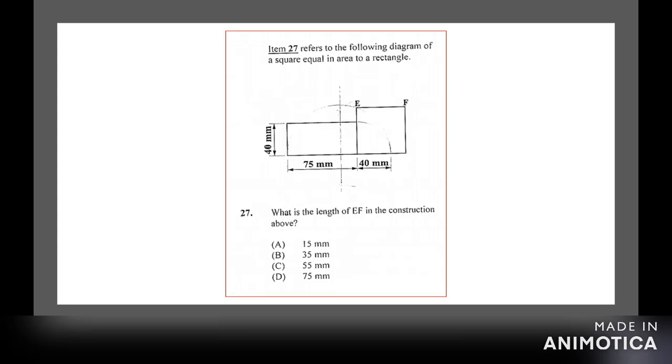27, what is the length of EF in the construction above? The length of EF, so this is 75, is the total length of the rectangle next to the EF square. If you want to find the remainder of EF, you would have to add 75 millimeters, 40.